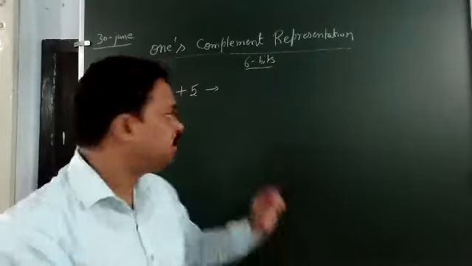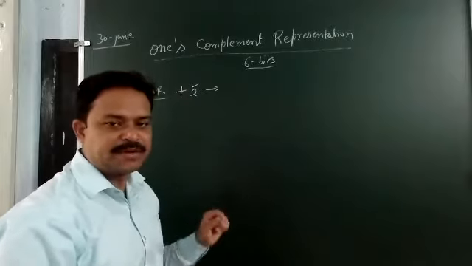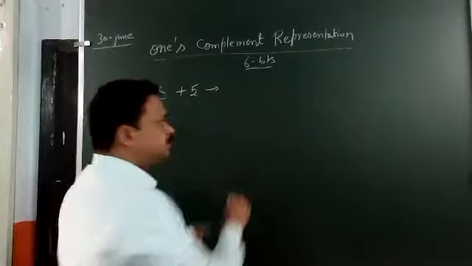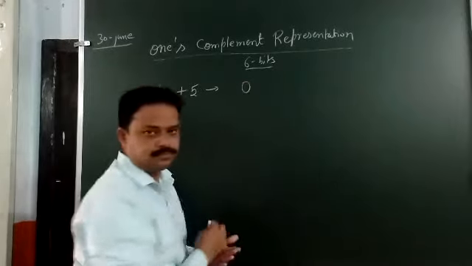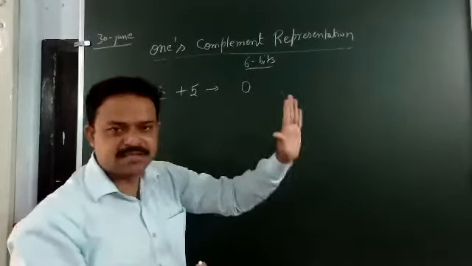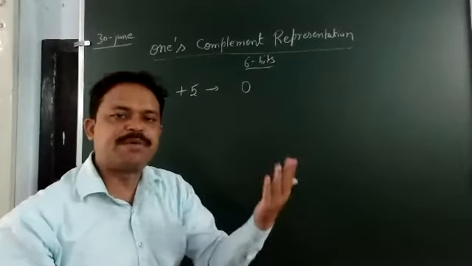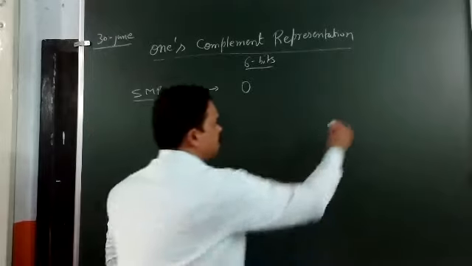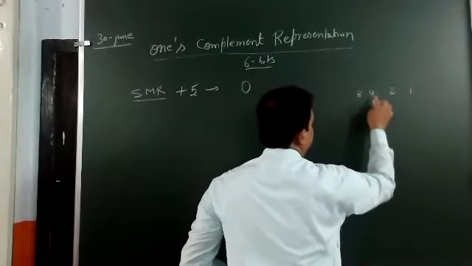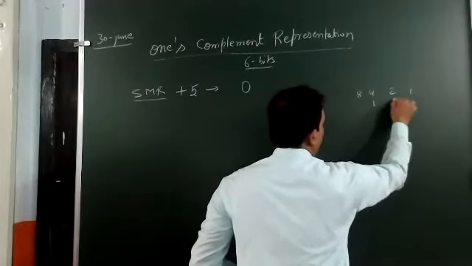So if I ask you to represent +5 in 6 bits, how will you represent it? It is positive, so put 0. The remaining 5 bits represent 5. 1, 2, 4, 8: 4 plus 1 is 5, so 1, 0, 1.